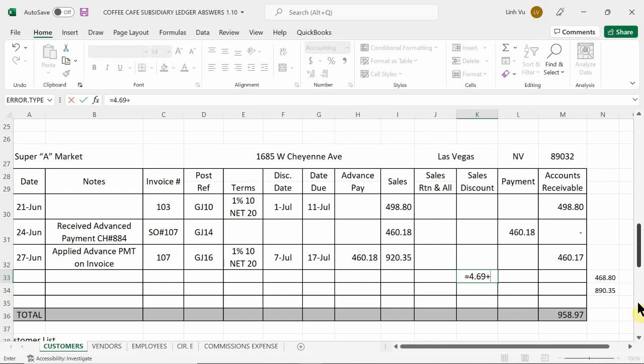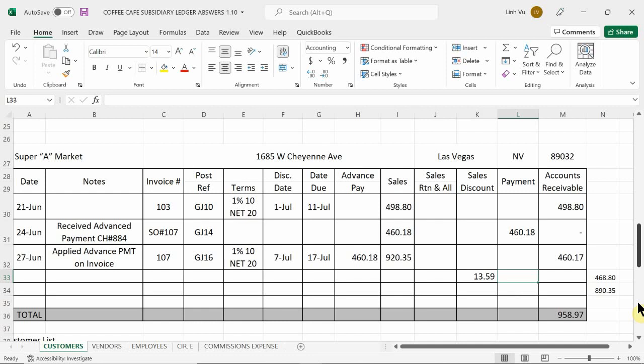You got $4.69 for one of them, and then you have $8.90 for the second one. That's 260. What is the upper number?